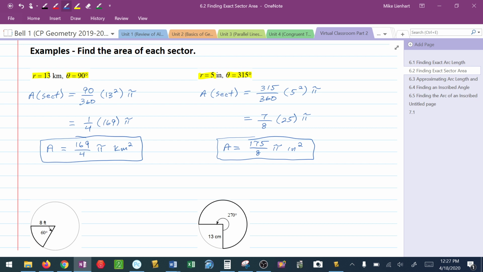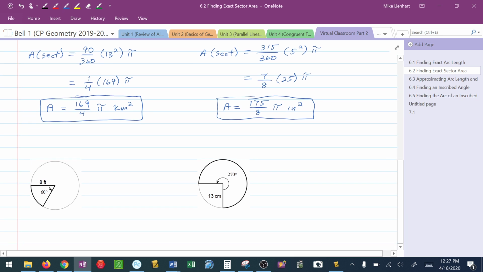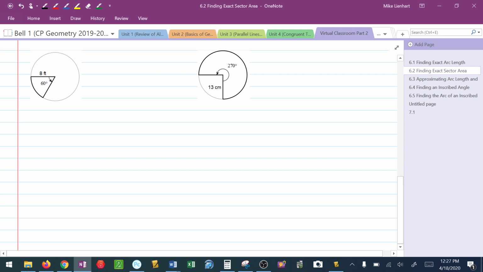One way that they could give us the information is the data spread that they did there. Another way would be to give it to you in a picture. There's a radius, there's theta. Because I have both pieces, I know that I can calculate the area of a sector. The area of a sector is going to be 60 over 360, the fractional part of the area of the circle, which would be 8 squared times pi.